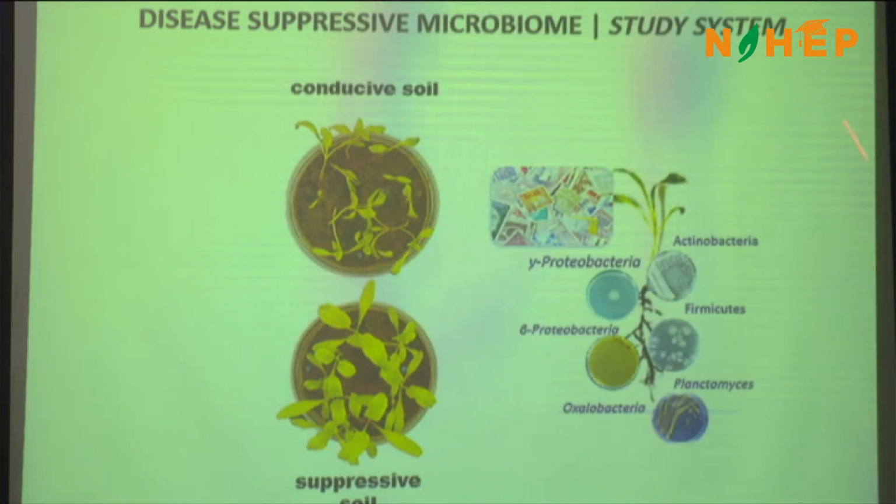In the group of Joss, many people have been working on this topic, and I was one of them. I decided to focus on Betaproteobacteria because it was one of the groups that popped up in the metagenomics analysis.